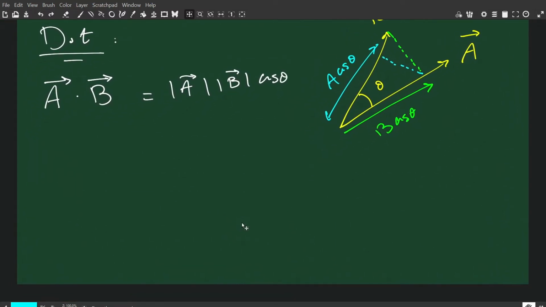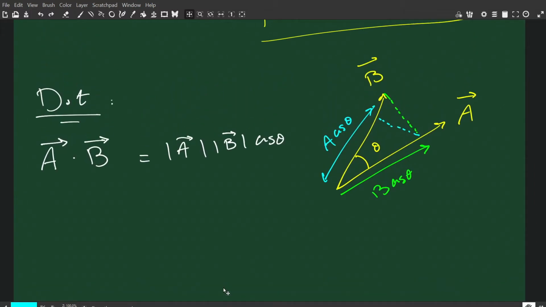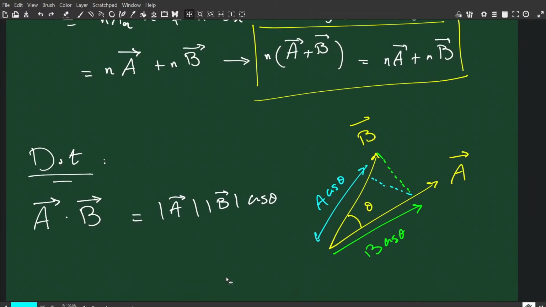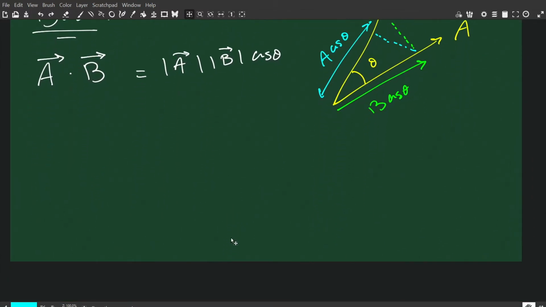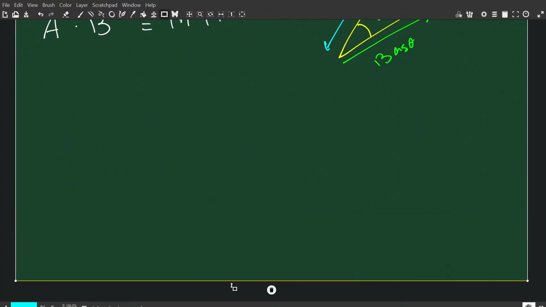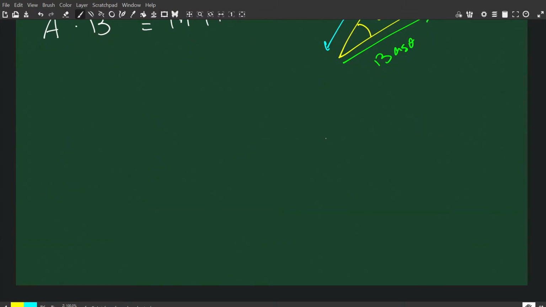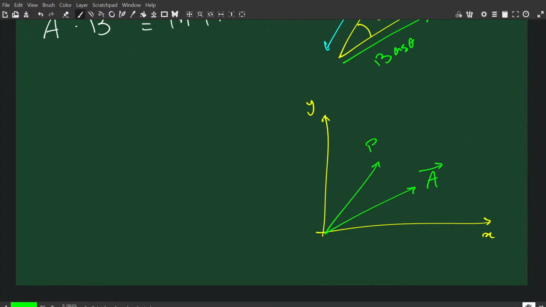But we can prove something about the dot product in Cartesian coordinates, and it's this. Assume these Cartesian coordinates, x-axis and y-axis. Here we have the a vector and the b vector.